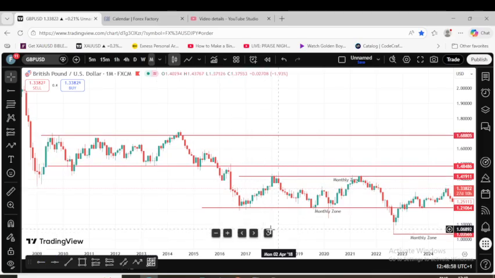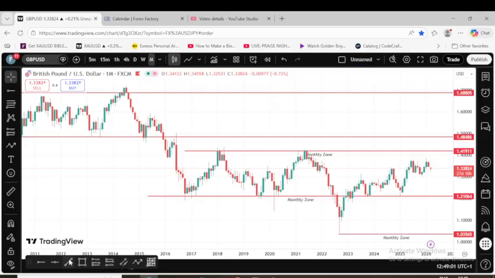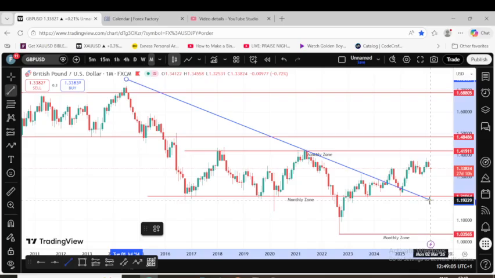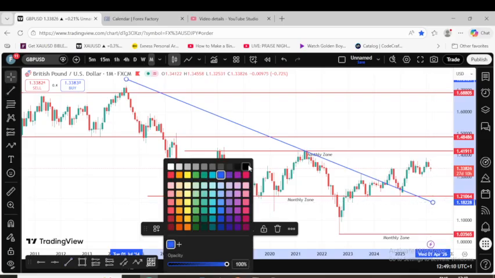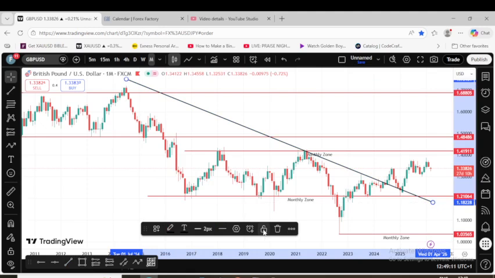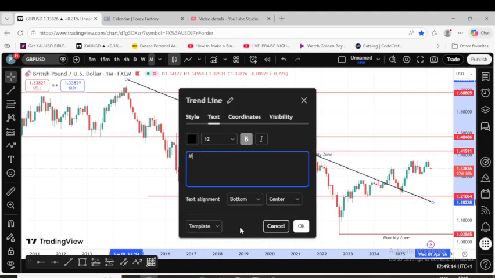Next thing we should see, let's see if we can draw a trend line. It's already a somewhat obvious downward trend. Ironically, this is a valid trend line, but it has already been broken. So this is our monthly trend line.